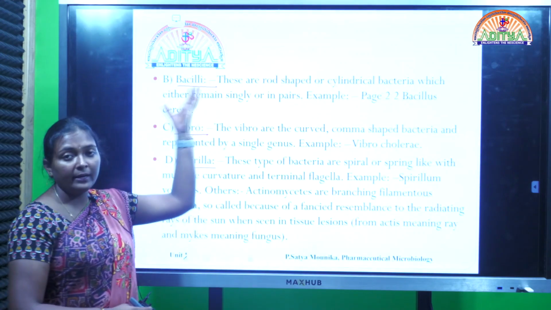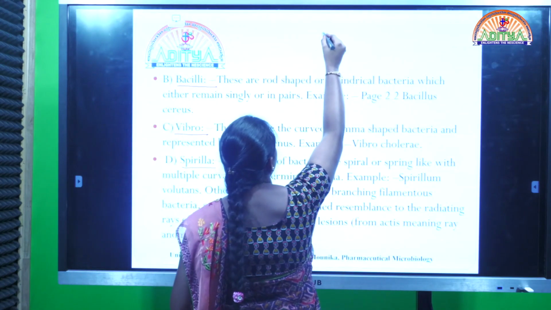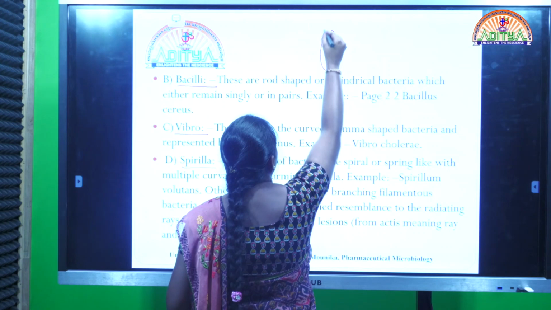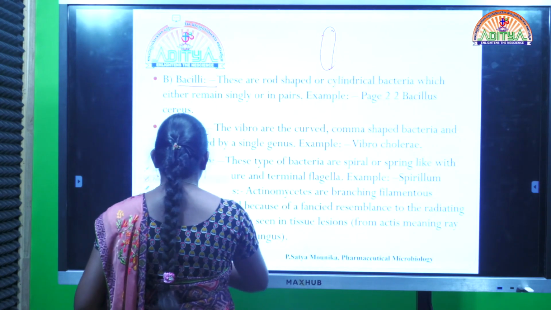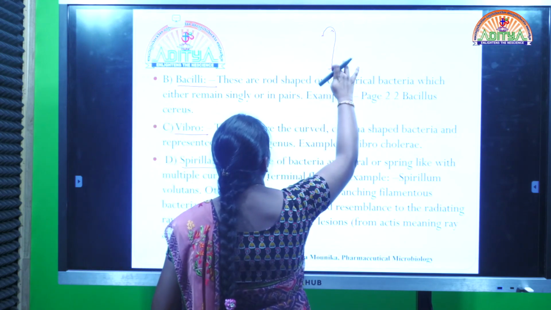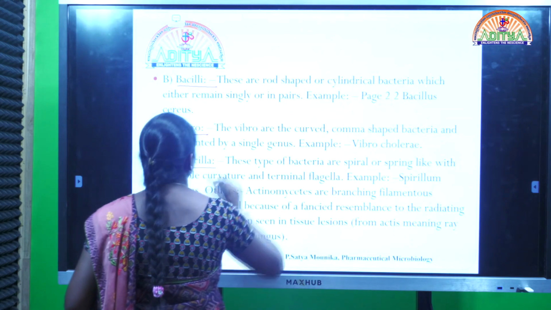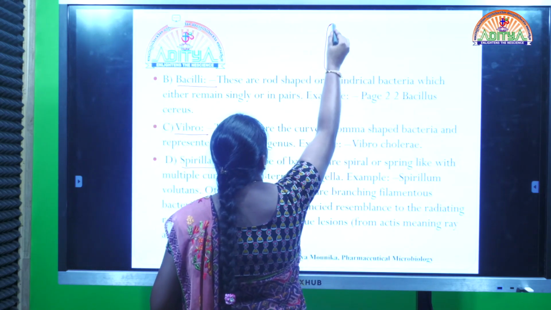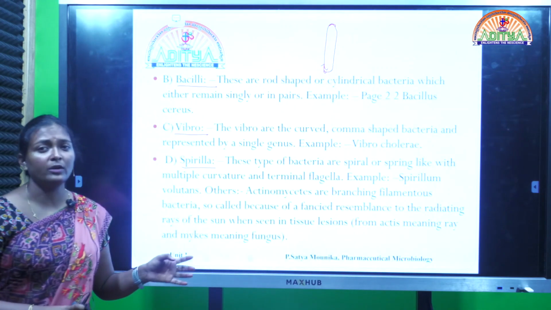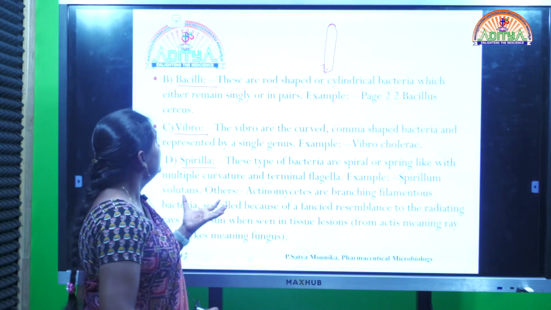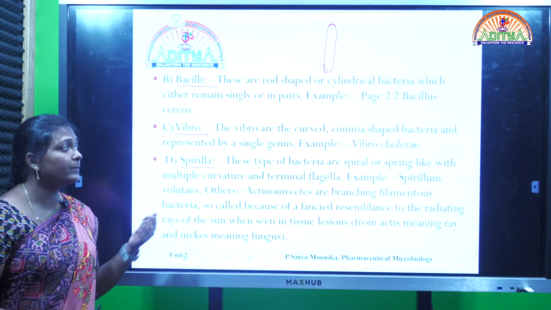When it comes to bacilli, these are rod shaped or cylinder shaped bacteria, not elliptical. The example for this type of bacteria is Bacillus aureus.